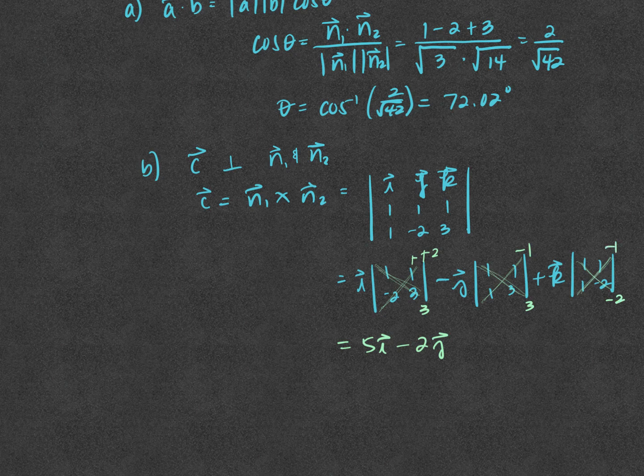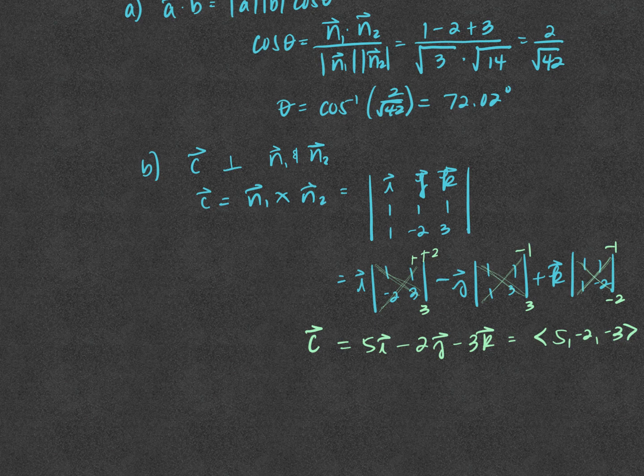And we have -2 minus 1 makes a minus 3 times the vector k. So that means my normal vector is 5, -2, -3. So this vector C is perpendicular to N1 cross N2.